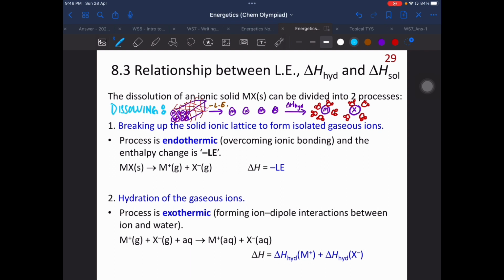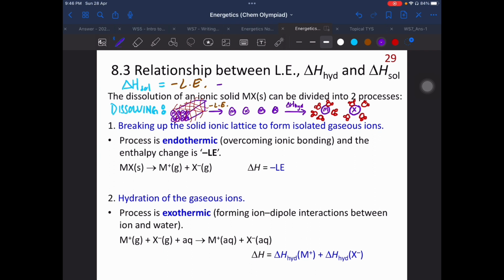So this helps us understand that there is a way to look at the energy value also, because this whole process of dissolving is represented by the enthalpy change of solution. So what is the enthalpy change of solution equivalent to? It is equivalent to, first, minus the lattice energy, that means breaking all the ionic bonds.